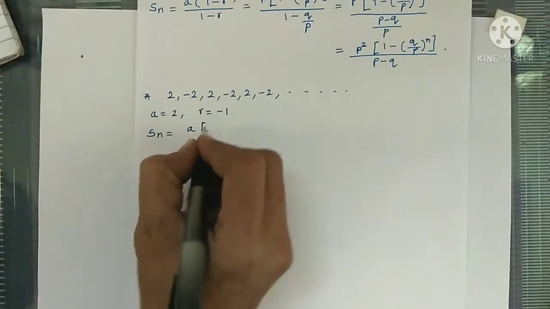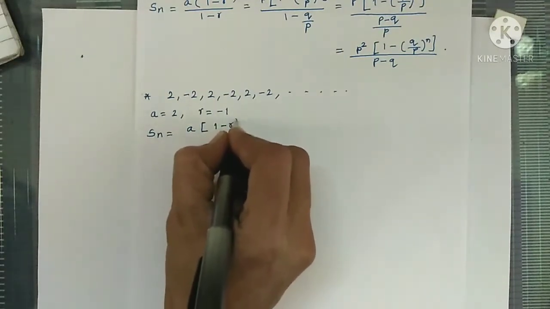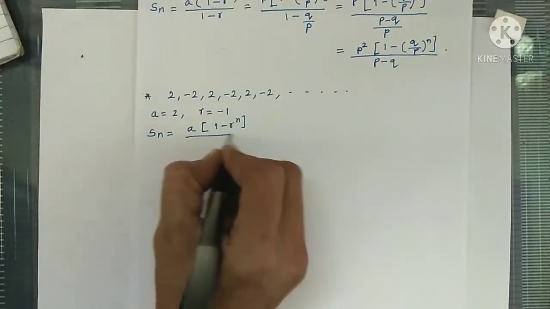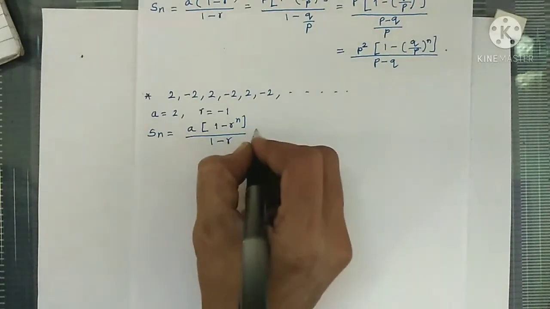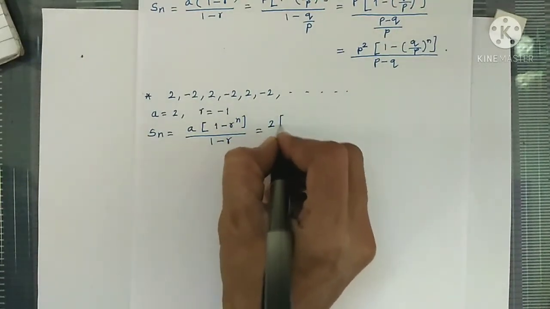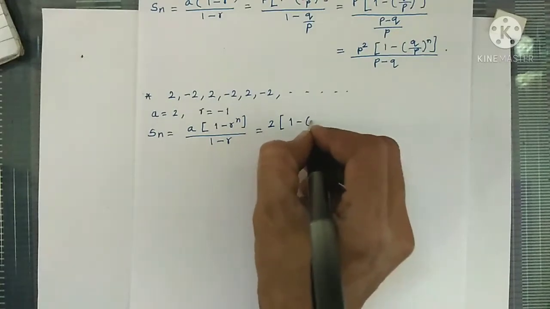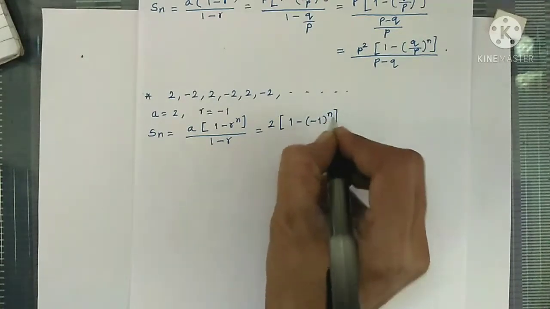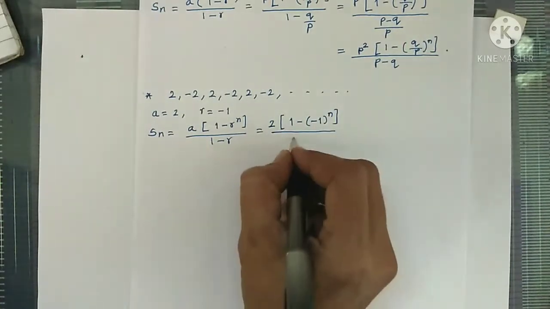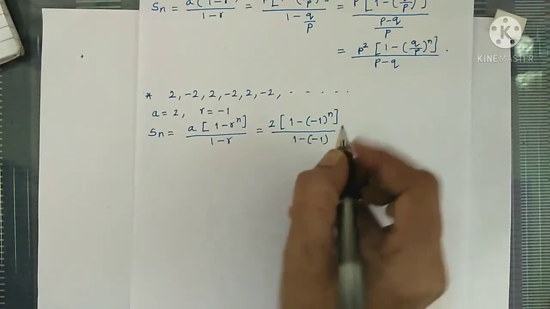Sn is a (1 minus r raised to n) upon 1 minus r. So let's put the values. A is 2, (1 minus (minus 1) raised to n) divided by 1 minus (minus 1).